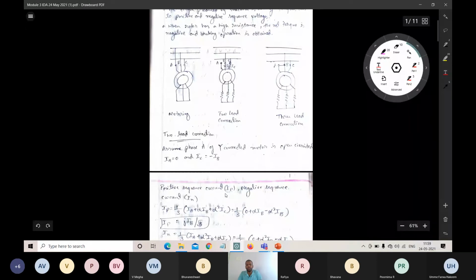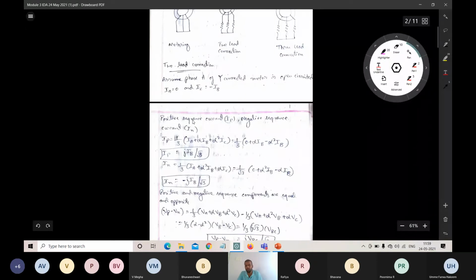Here we are going to consider two sequences, the positive sequence and the negative sequence. IP is the positive sequence current and IN is the negative sequence current. These are our fundamental components.